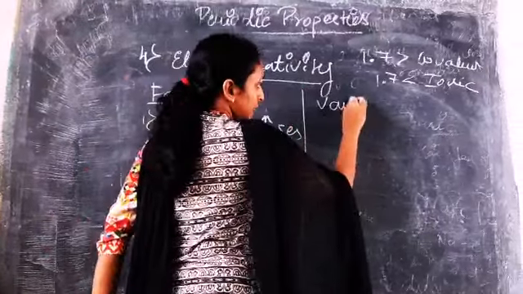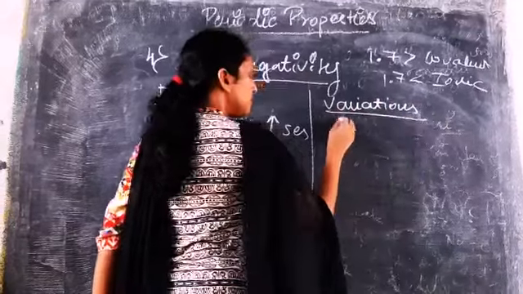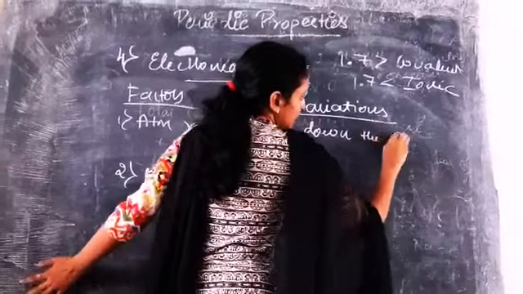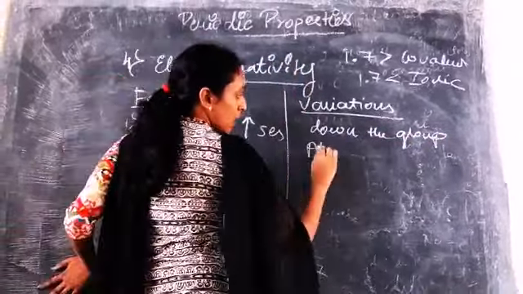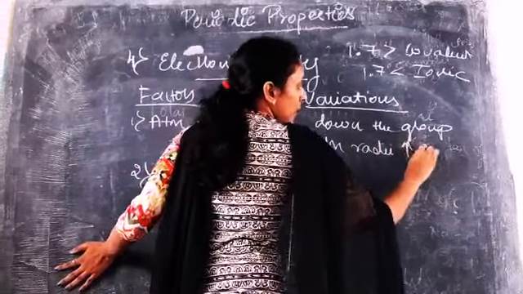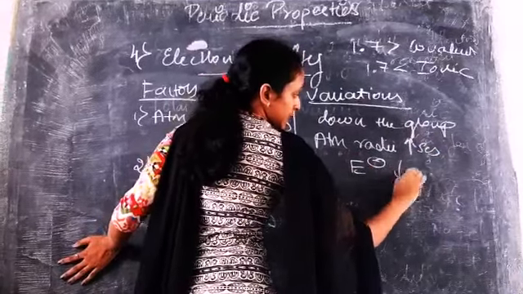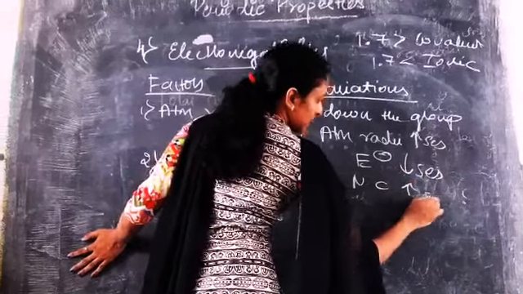So what are the variations? First one is down the group. What happens down the group? As we know, atomic radii increases, electronegativity decreases, and the nuclear charge increases.